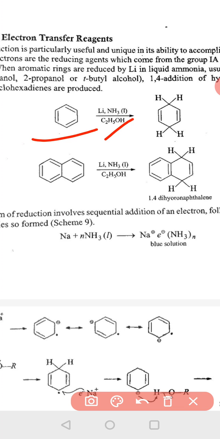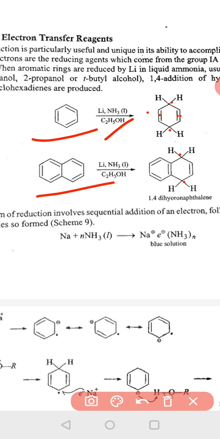If we had used catalytic hydrogenation here, then total reduction of the aromatic ring would have occurred, but here only partial reduction takes place and we get 1,4 addition of hydrogen and we produce non-conjugated cyclohexadienes.